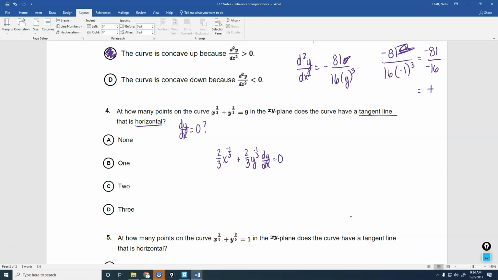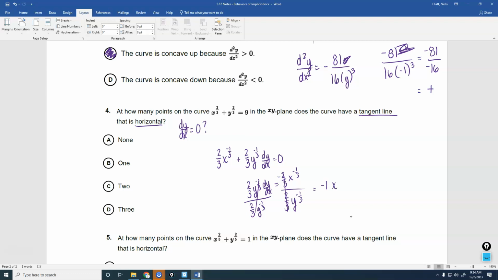So let's move the 2/3 x to the negative 1/3 over to the other side. We get 2/3 x to the negative 1/3, and it will be negative over there on the right side. And then I will divide by 2/3 y to the negative 1/3. What is going to happen with that negative 2/3 and the 2/3? They cancel, and we will get a negative 1. Make sure you keep the negative because one of them is negative, one of them is positive.